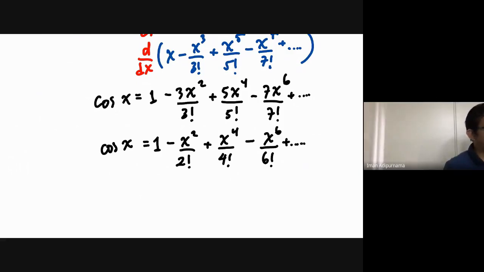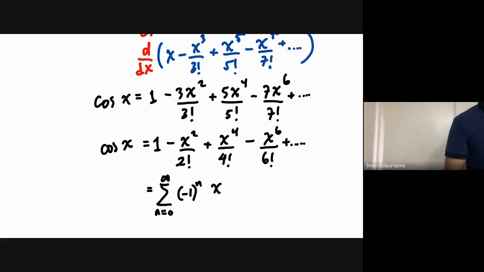Okay, so it will be now the even number, right? Now we can also write the sum. The alternate sign and the even number as the formula for n.